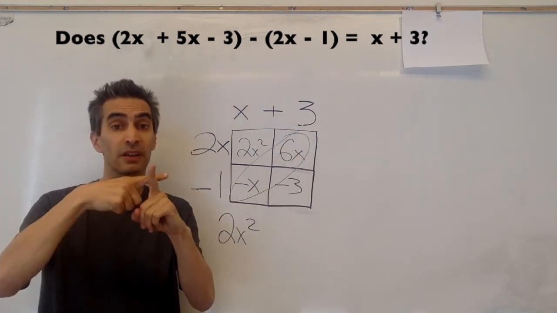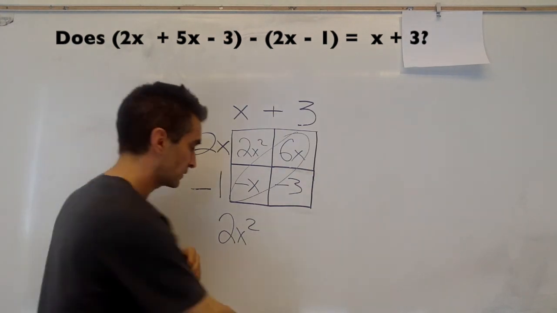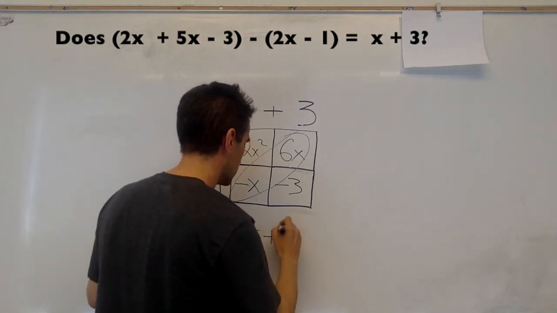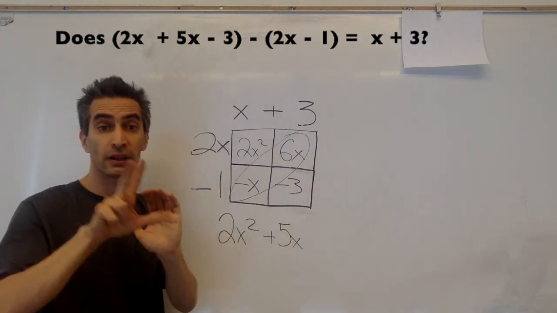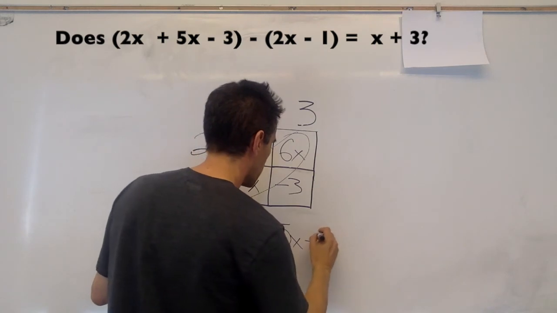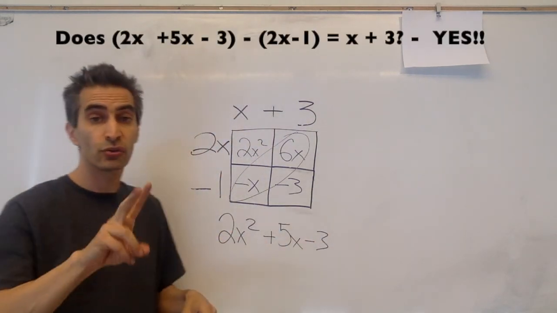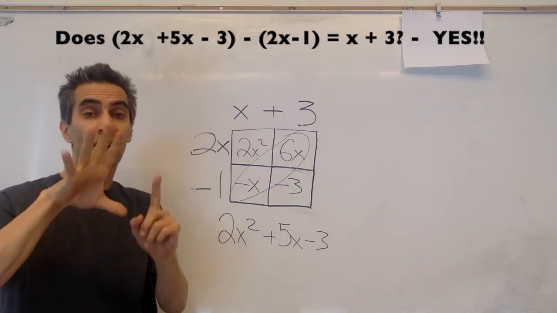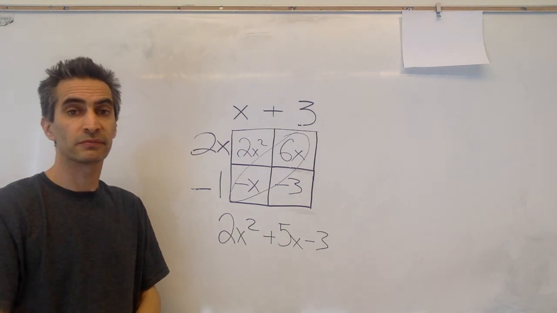And now we've got -x plus 6x, and that's going to equal 5x. And then last we've got our -3. So we've got 2x squared plus 5x minus 3. Yep, that's the correct answer.